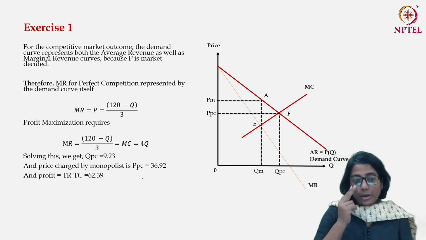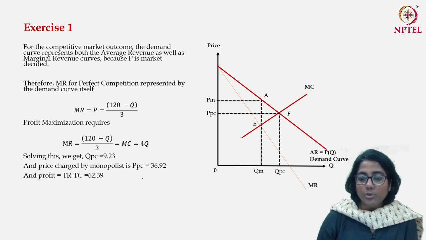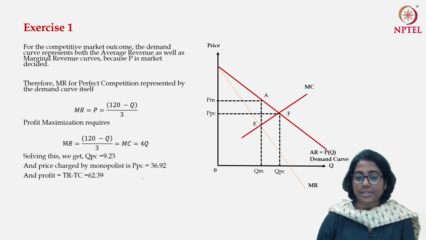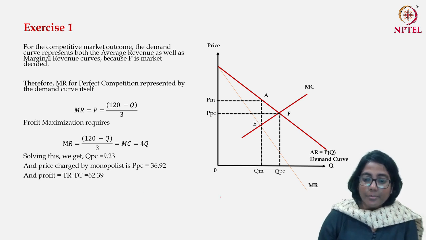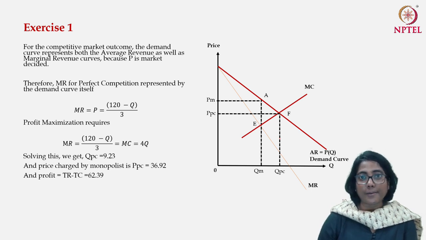What is interesting to observe is that if you compare the market outcome under monopoly as compared to perfect competition, under a perfectly competitive market structure, one tends to produce and supply more and charge less, right? So the price is lower and the quantity produced and supplied is higher in a perfectly competitive market structure.